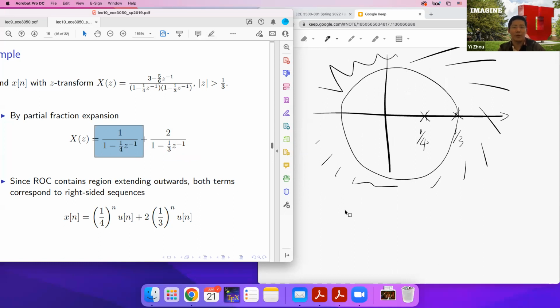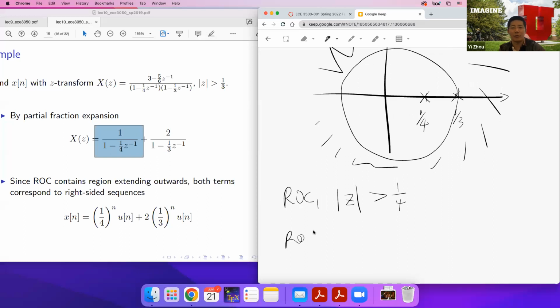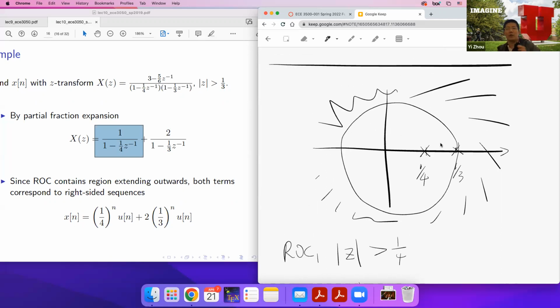So therefore, we can infer that ROC1 is the magnitude of Z bigger than 1/4, and ROC2 is the magnitude of Z bigger than one third. If you take their intersection, the overall ROC is simply this one.